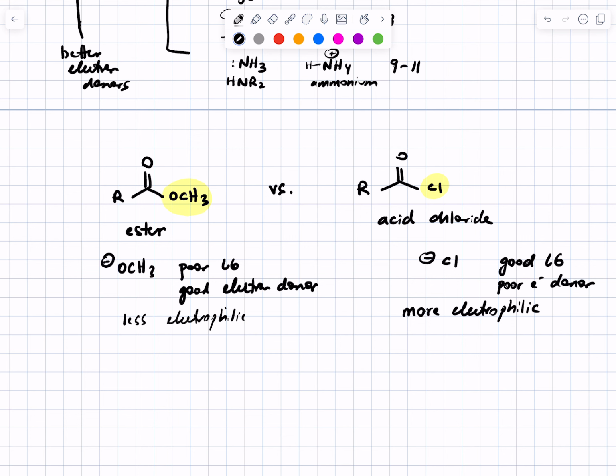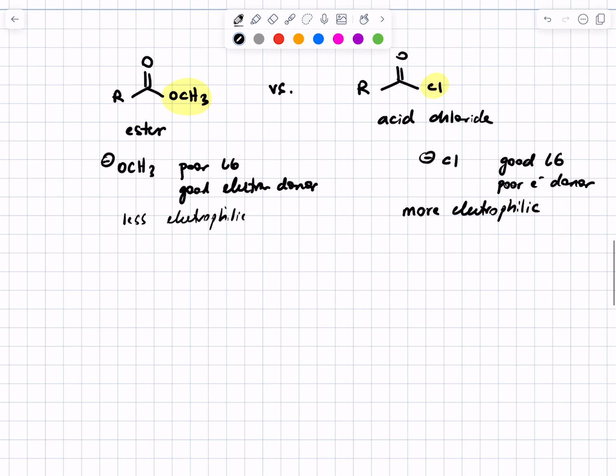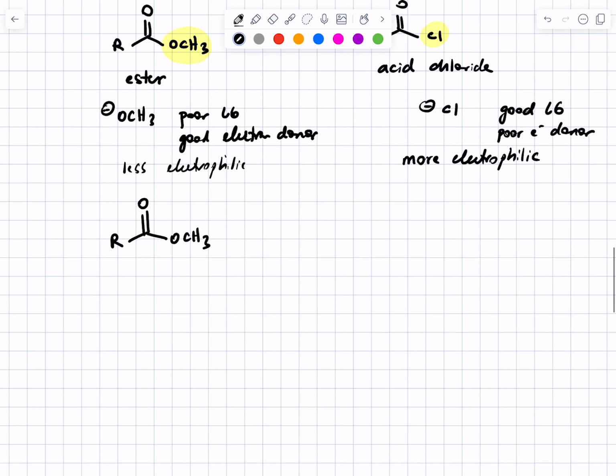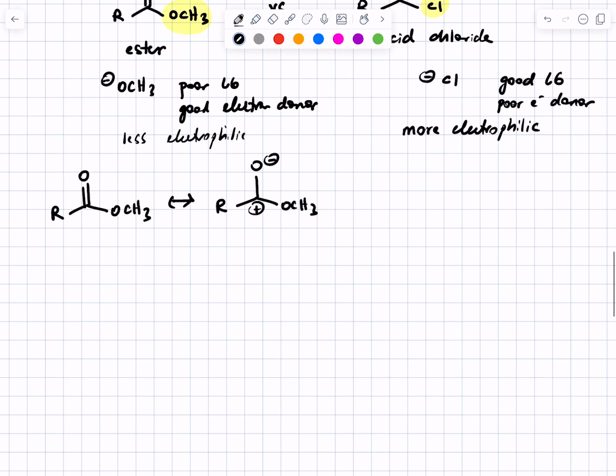Why would that be? To understand that, we need to look at the resonance structure of the ester, in which we take the pi electrons from the carbon-oxygen pi bond and move them out onto the carbonyl oxygen, leaving a positive formal charge on the carbonyl carbon.